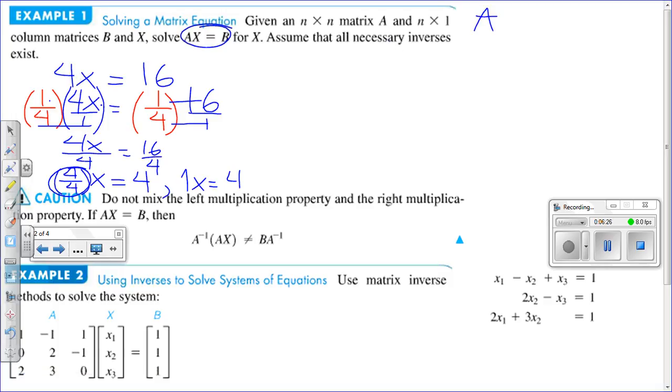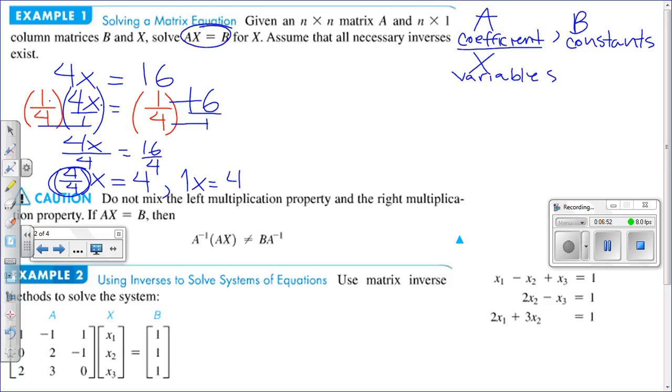So matrix A will be the coefficient matrix, and this will pertain to a system of equations. We'll get to that in a minute. Then we have matrix B, which has the constant terms. And then we will have matrix X, which will contain the variables.